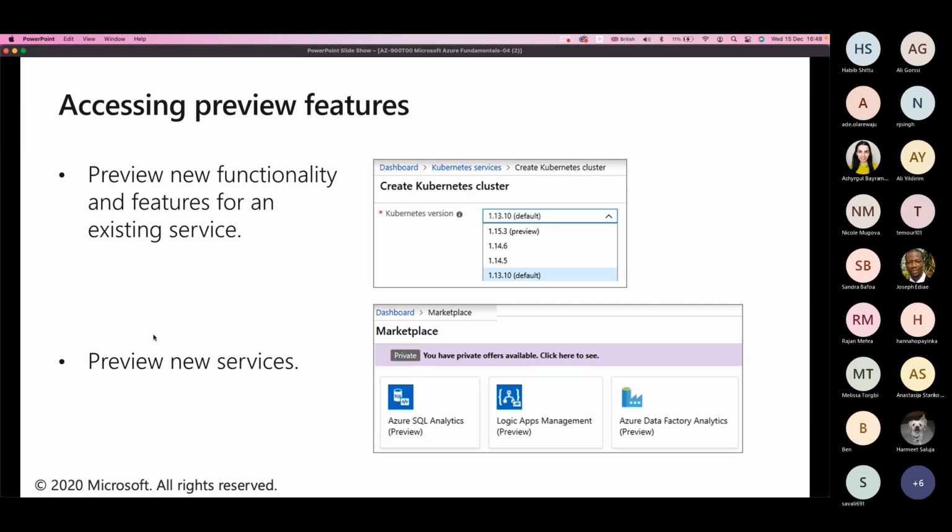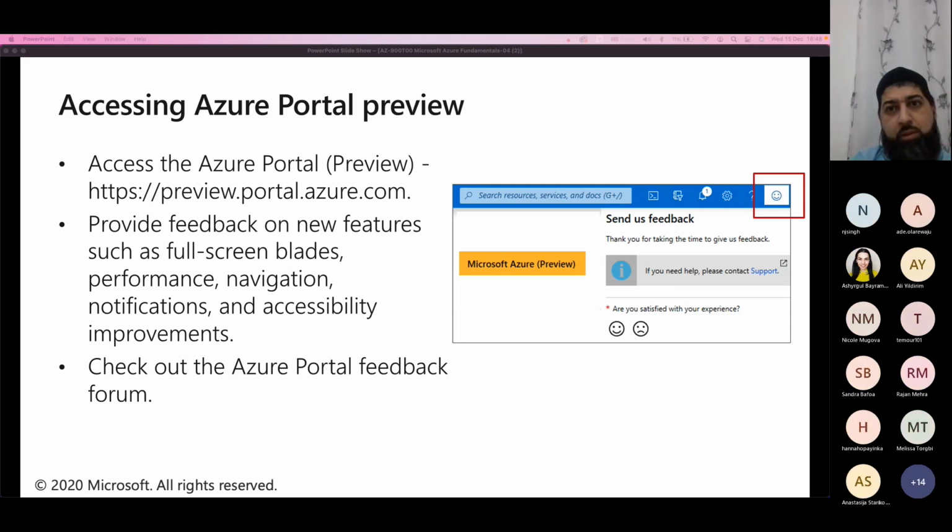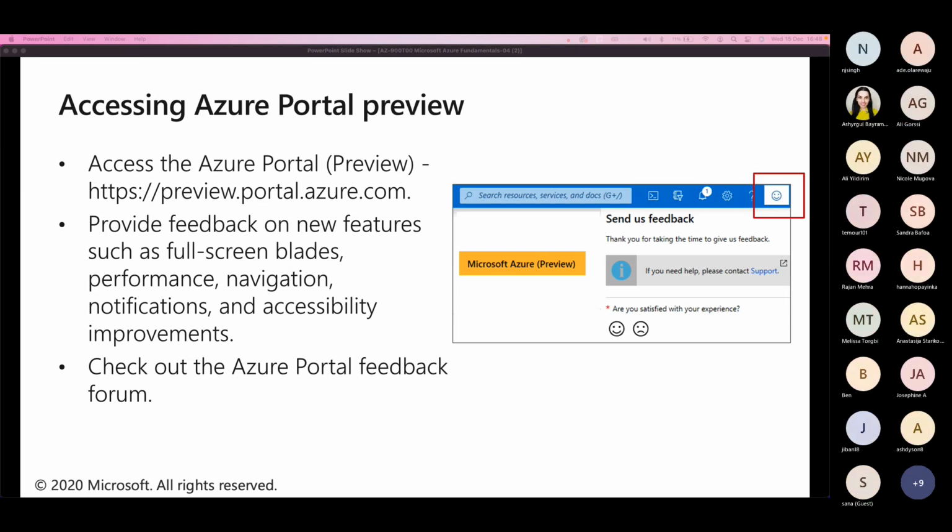Now, if you want to access preview features, you could go through the Azure portal preview using this title, this smiley face, as you can see there.